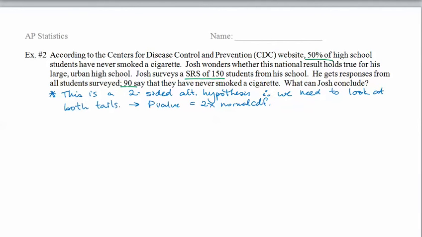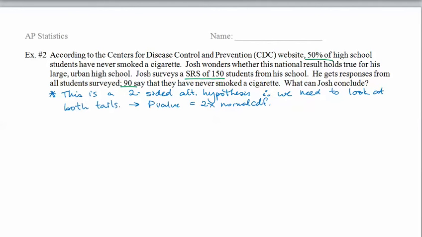So we might wonder why this example is two-sided and our example with the potato chips was only one-sided. In this case, of course, we know that in his school, 90 out of 150, we know which side of 50% that is on. So why wouldn't we go with just one-sided? Well, the answer is we are supposed to be choosing whether it's one-sided or two-sided before we do our sample.